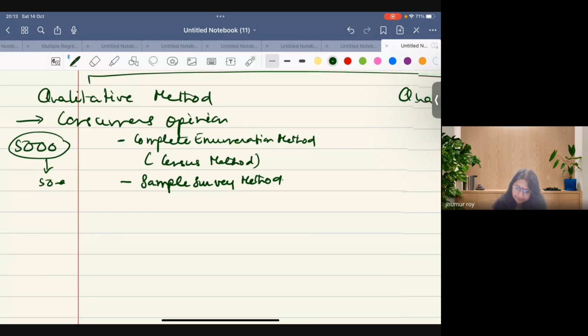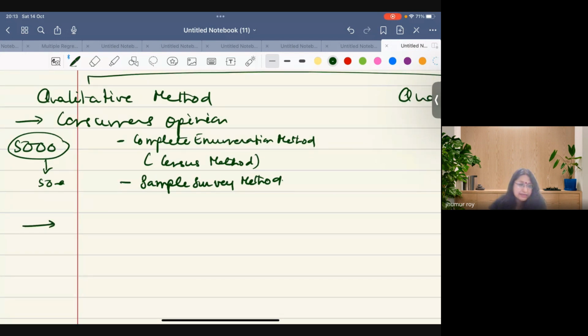Okay. The second is called the Salesforce composite method. Okay. So what is the Salesforce composite method? Under the Salesforce composite method, you will just talk to different salesmen, and you will find out, okay, you went to sell the thing.